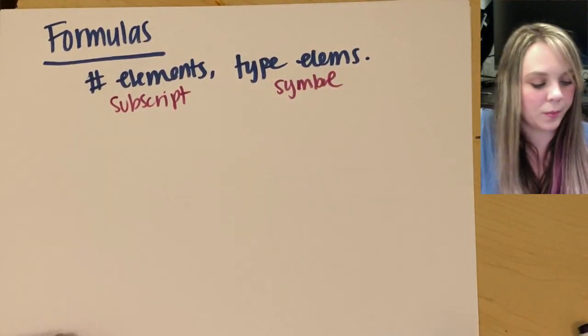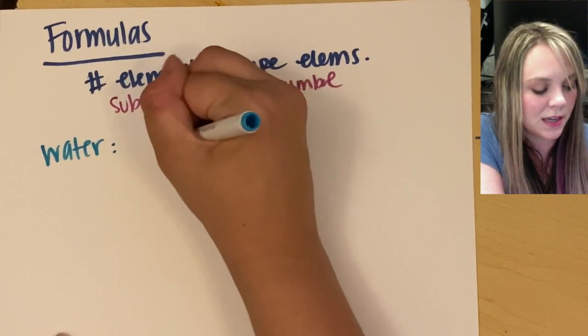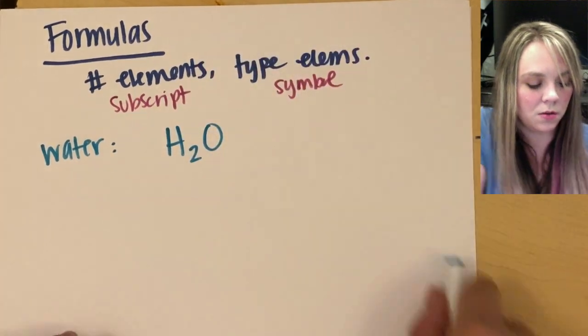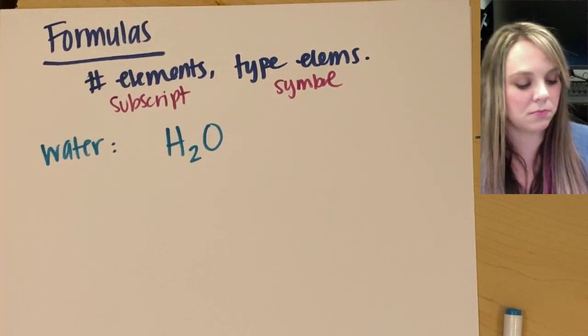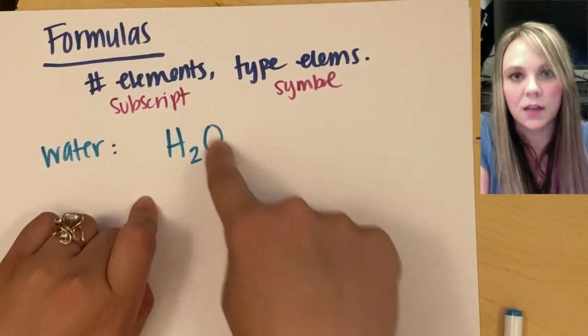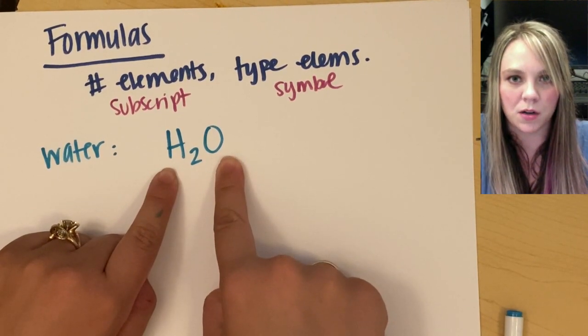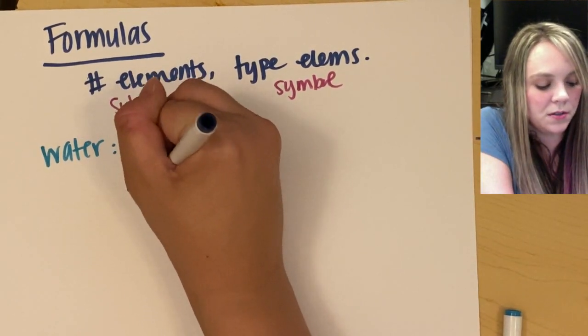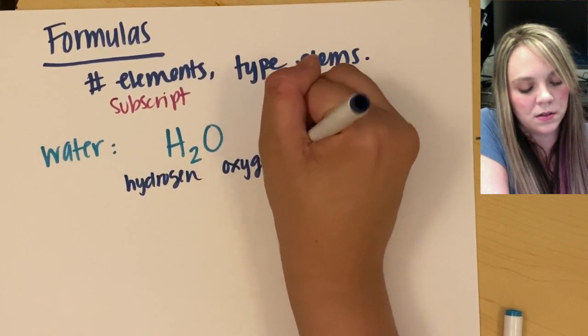So for example, water. Let's do a nice easy one. Everyone knows this is H2O. So the chemical formula for water tells me a bunch of stuff. It tells me what type of elements are in my compound of water. I have both hydrogen and oxygen in water.